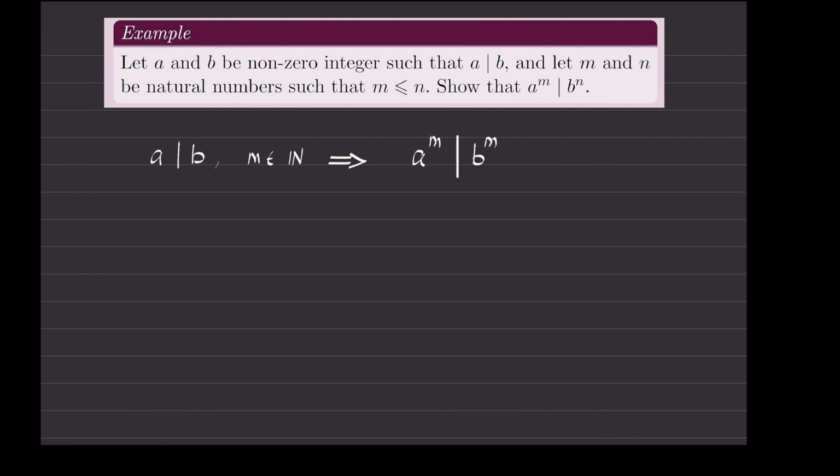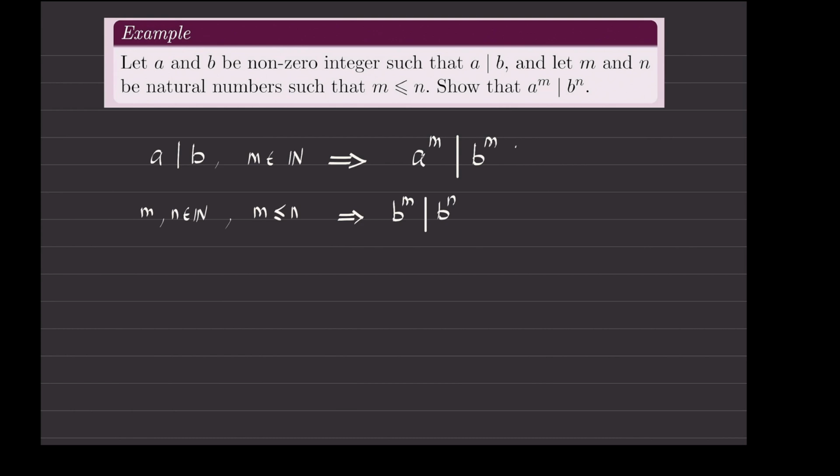This is what we learned today. What we learned last lesson is that if m and n are natural numbers and I know that m is less than or equal to n, as I know now, I can conclude that b to power m divides b to power n. This is what we learned in the previous lesson.